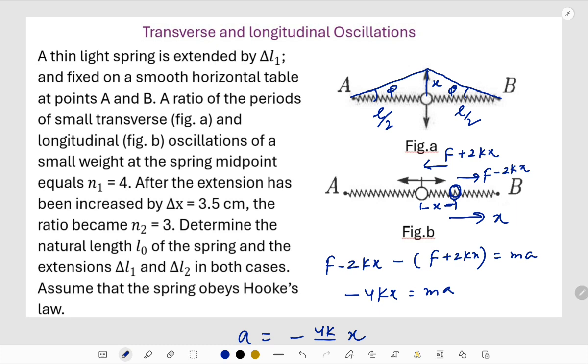So each one of them is exerting a force like 2k and increase in the length.